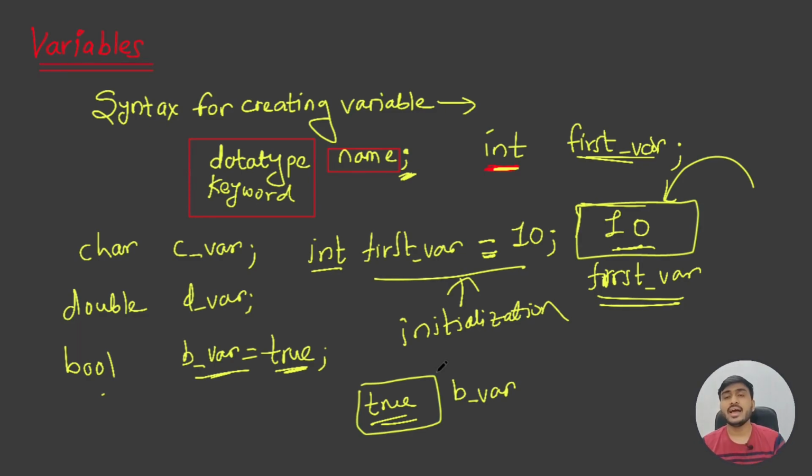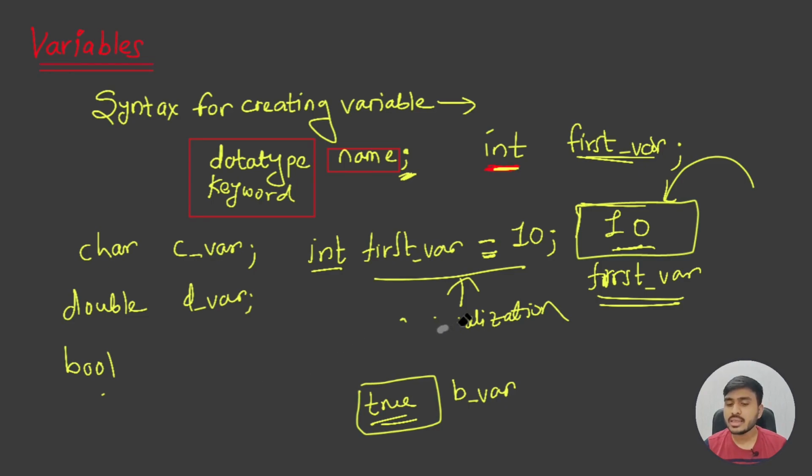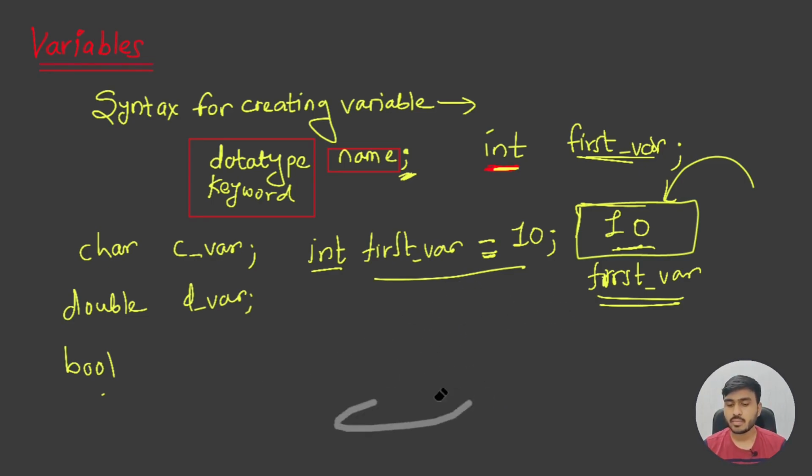Now let's say after initializing your variable, let me just clear the board again. See, after initializing the variable, let's say you think of changing the value. So let's say you have 10 value right now in first_var. After some point of time you thought that I want 20 in first_var now instead of 10. What can be done? So what we can do is we can change the value of the variable anytime we want.